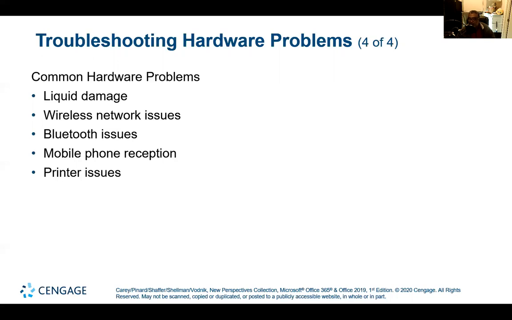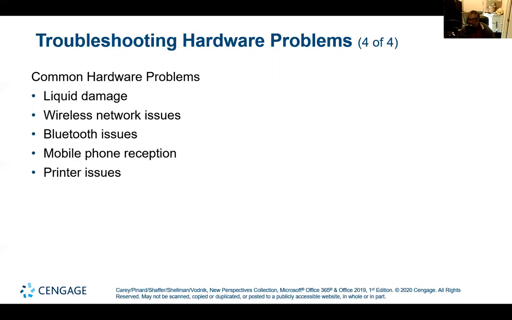Wireless network issues. Let's say that you are getting the wireless, however, you're not getting out to the internet, you need to check to see if your router is working properly. Bluetooth issues. Sometimes there's a clash between the ports because you have more than one Bluetooth item.